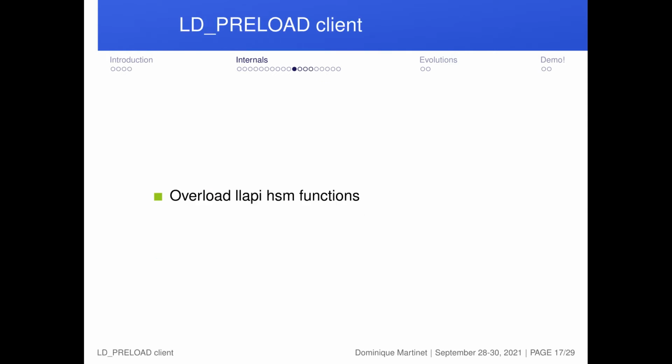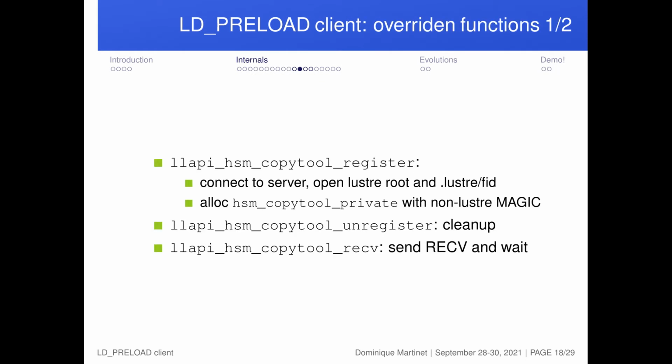So we'll get into the client. The LD_PRELOAD client just overloads a few LLAPI HSM functions. So we have copytool register and unregister, obviously. This allocates our own copytool private data with a magic that's different from Lustre's, so we hopefully cannot mix the two.